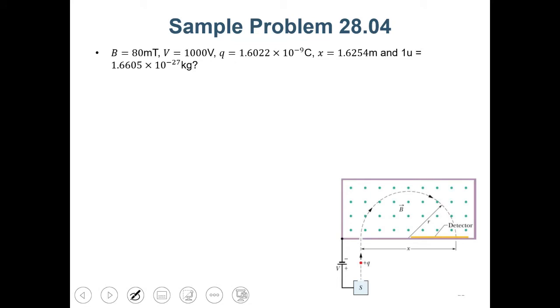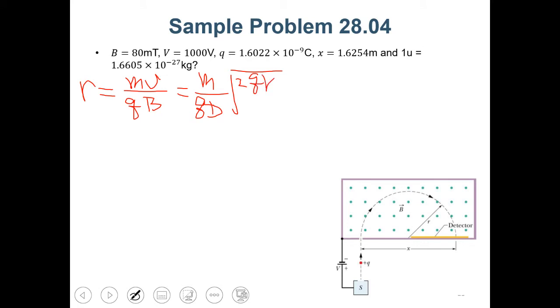Next, we have r equals mv over qB. And in the previous line we have v equals the square root of 2qV over m.